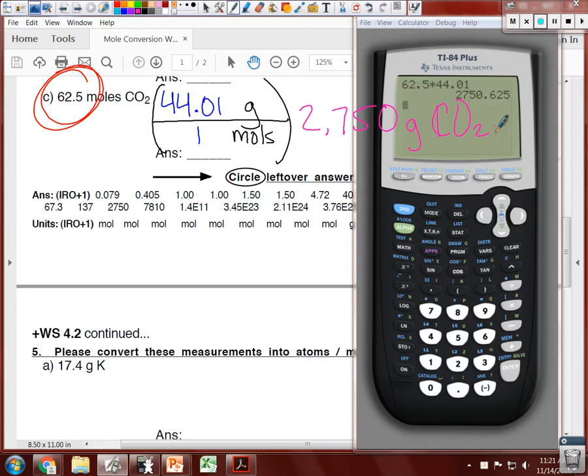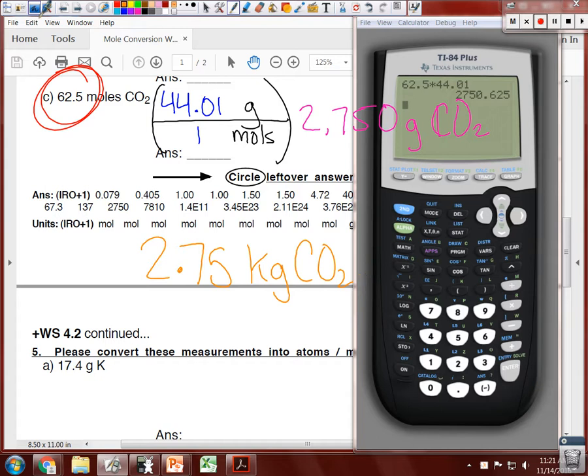Now, I'm going to ask this question. Can that be written in a different format? Someone tell me if this is right or wrong. Is that the exact same thing?